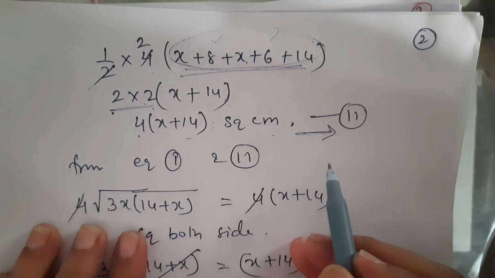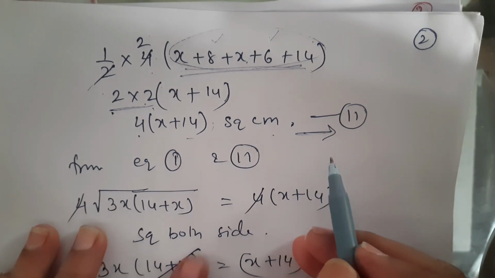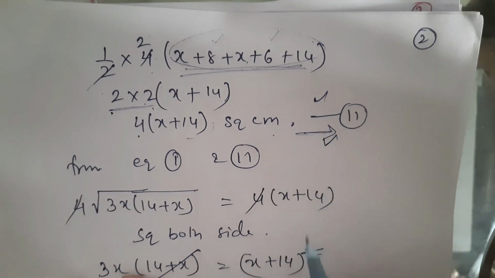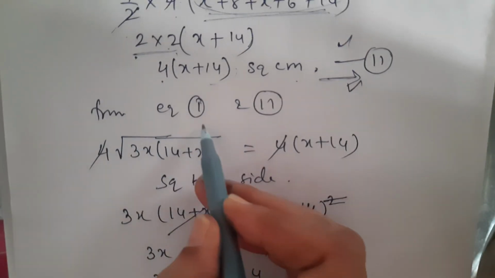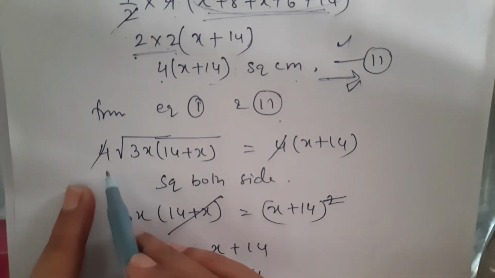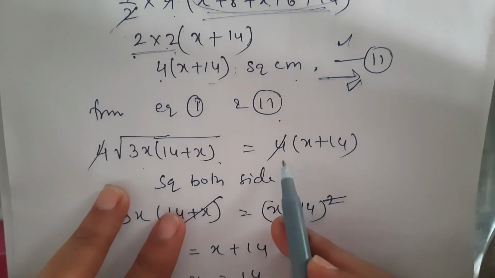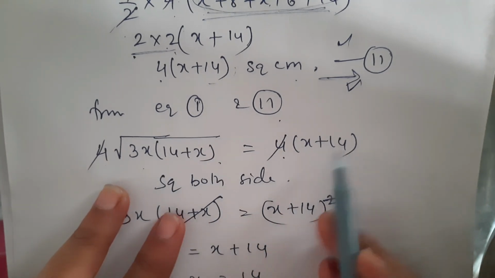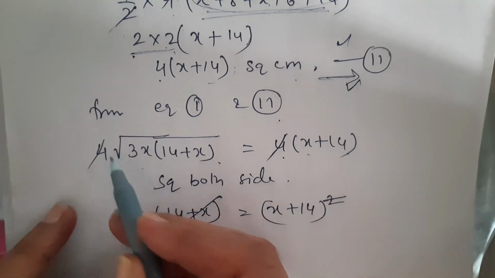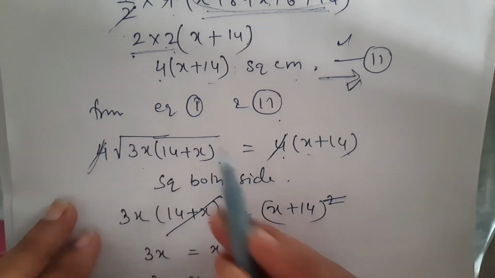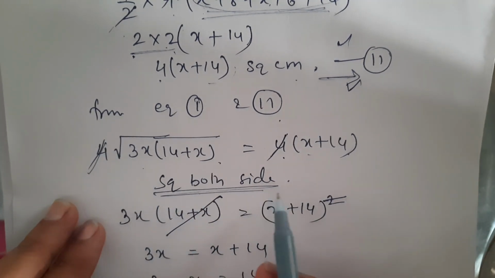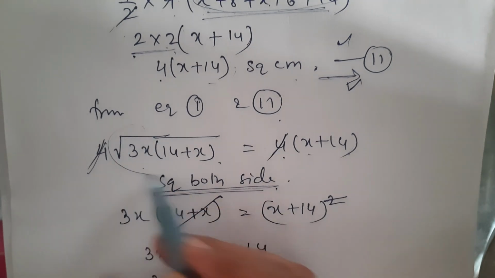As equations 1 and 2 both represent the area of triangle ABC, now we compare both the equations. From equations 1 and 2, by comparing, in the first equation we got 4 under root 3x into 14 plus x, and in the second equation the area we got 4 within bracket x plus 14. Now 4 will get cancelled from both sides. As the root is there, to remove it, square both sides. Now by squaring both sides, this root will get removed.